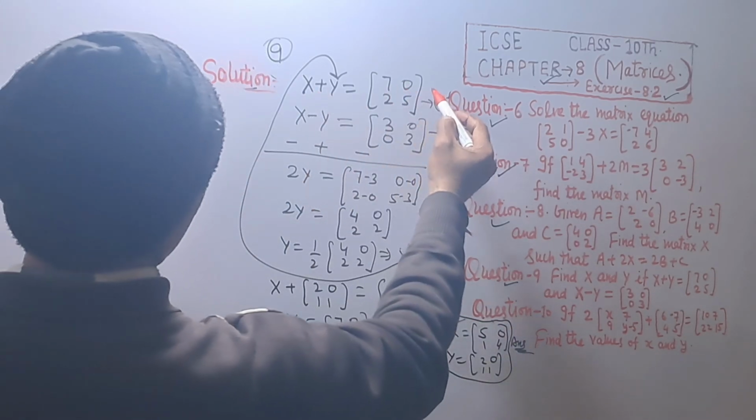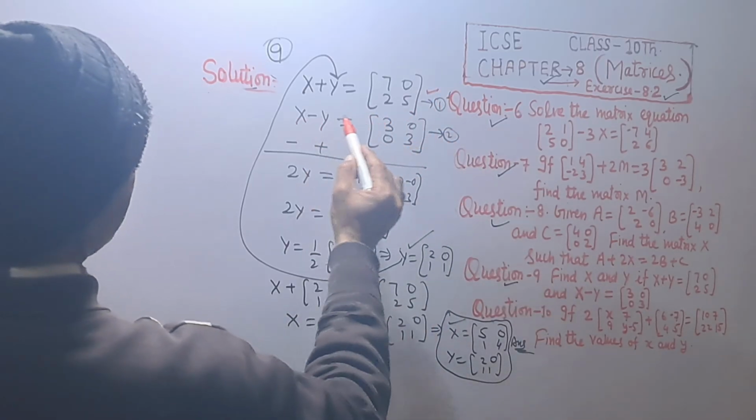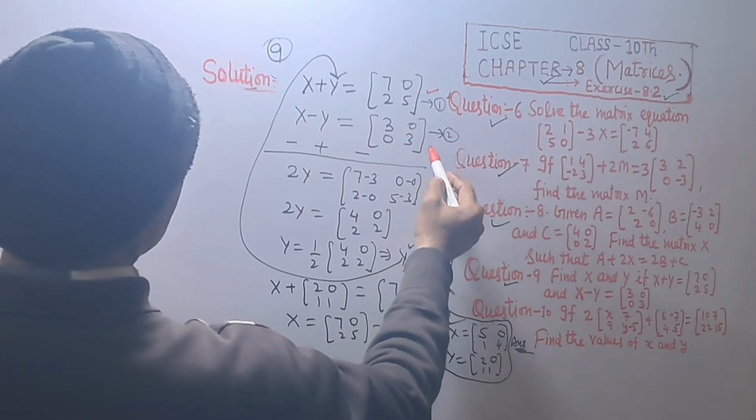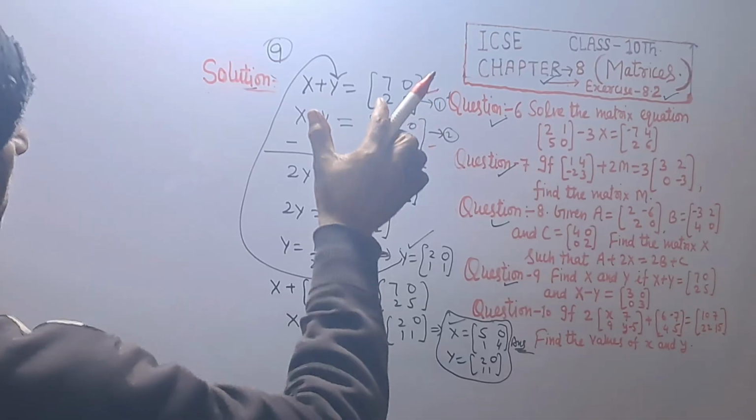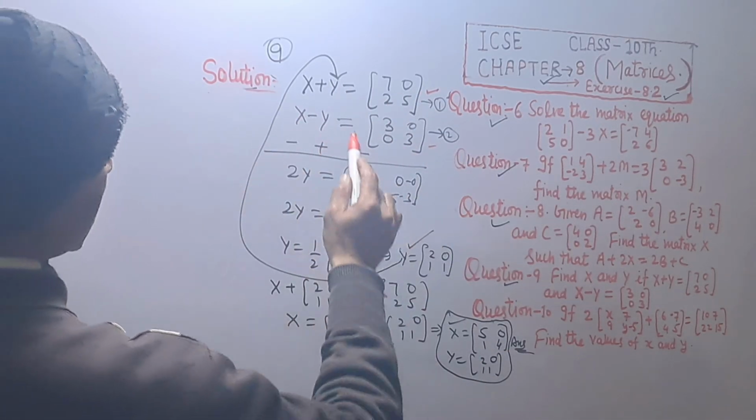Given x plus y is equal to [7, 0, 2, 5], x minus y equal to [3, 0, 0, 3]. First equation and second equation, we are subtracting equation first and second.